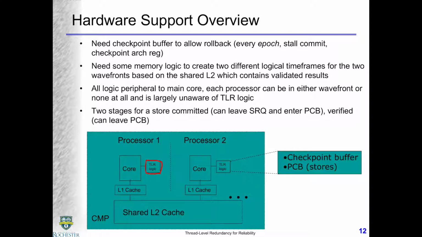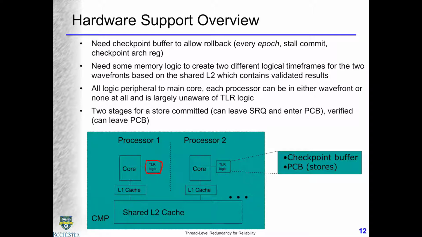What does it have? It has the checkpoint buffer. That's basically the register content. And you may want to have many more than just one checkpoint running around for efficiency. So every epoch, you create a checkpoint that's your 64 architectural registers, your PC, so if it's a separate register, you have the content of all of that.